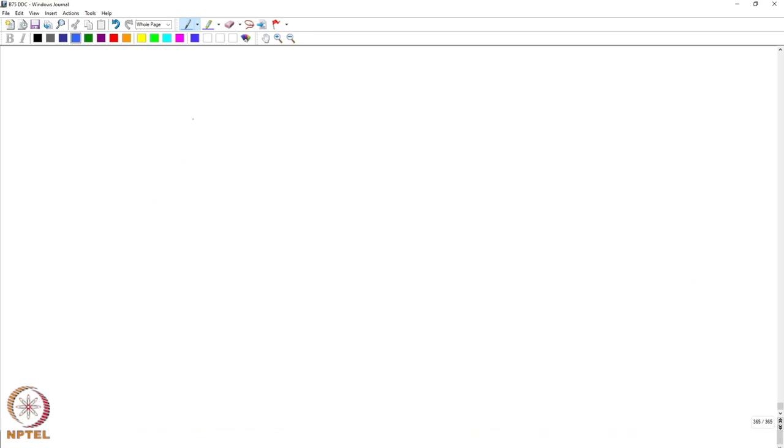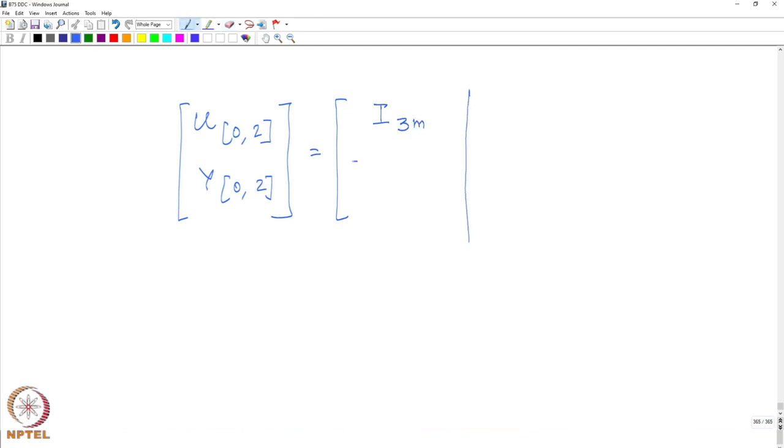What we have shown here is that u 0 to 2, let me write for 2 first and then we will write the general case, is equal to the identity of size 3 times m, 0 block.